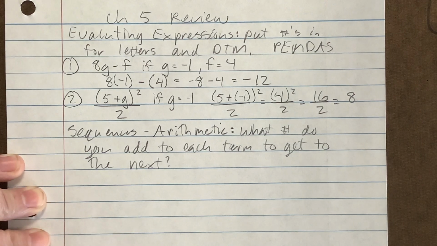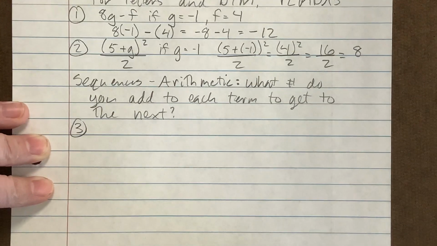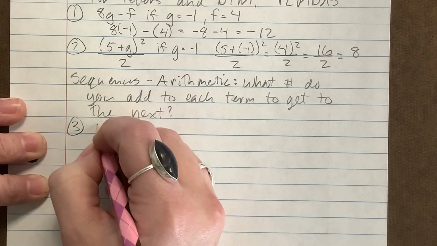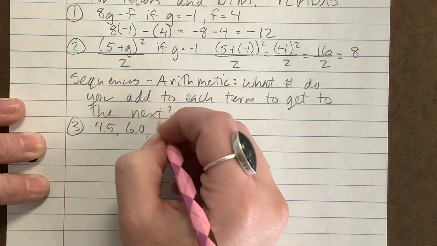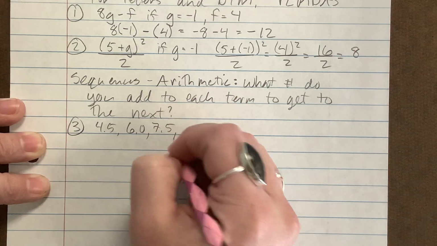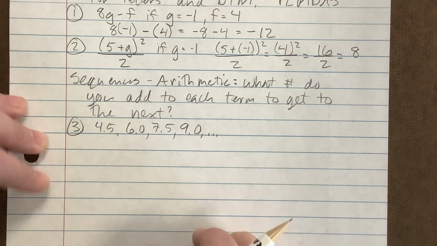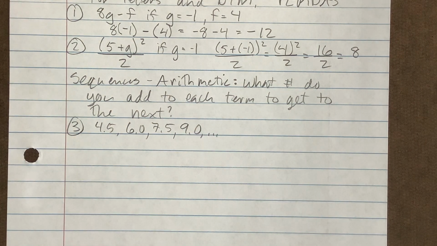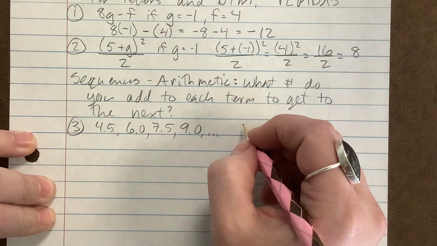Okay, so we're only going to do one example of these because I only want to do one. So we've got 4.5 and 6.0, and then 7.5, and then 9.0. Okay, so if you can't just look at it and know, take any term and subtract the term before it.